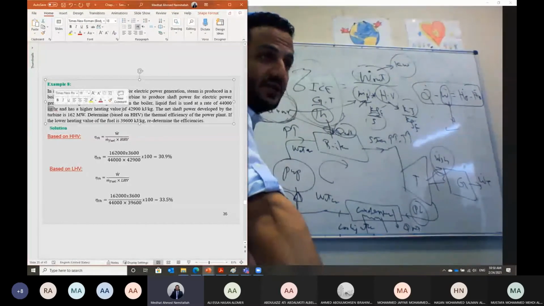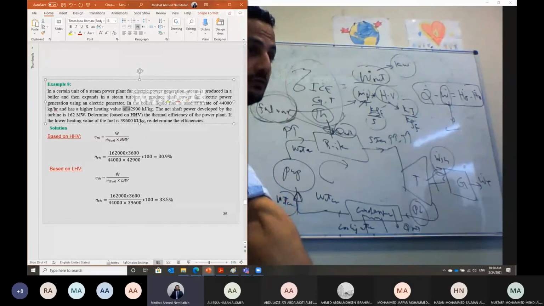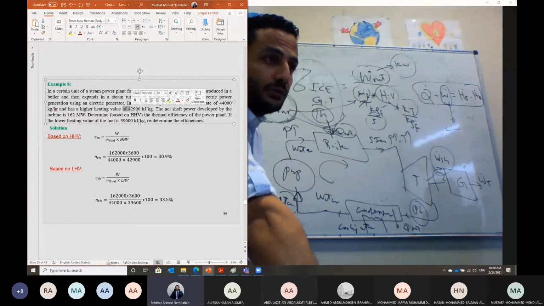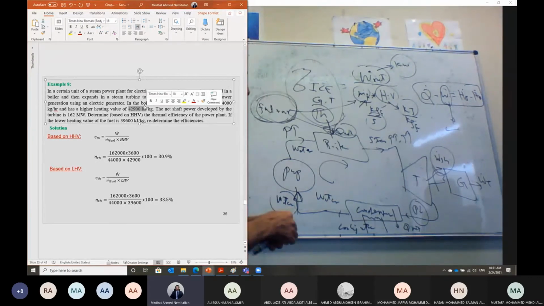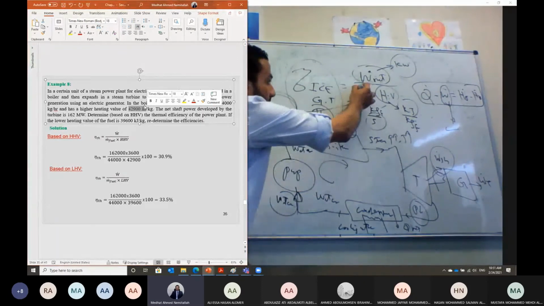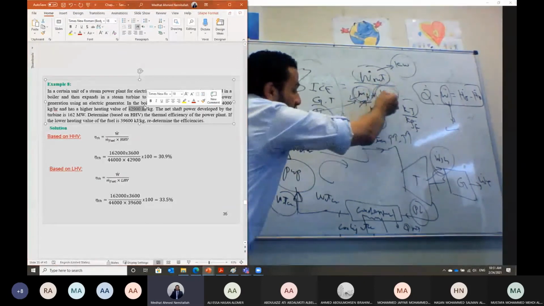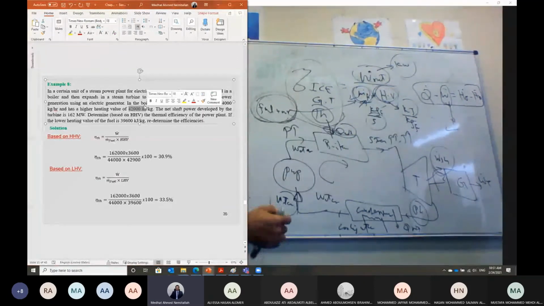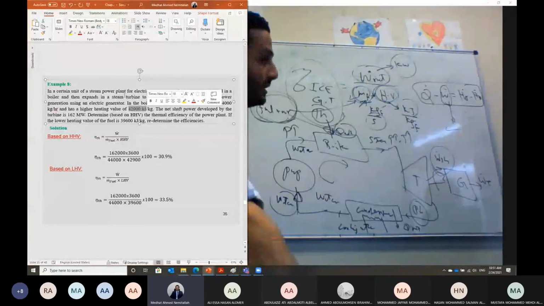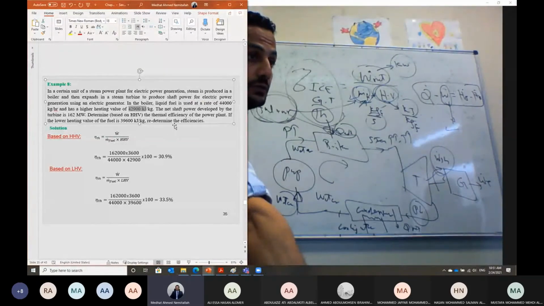The fuel has a higher heating value of 42 megajoule per kilogram, exactly 42,900 kilojoule per kilogram. So we have the mass flow rate of fuel, and we have the heating value of fuel. The mass flow rate is given as 44,000 kilogram per hour, and the heating value of the fuel is equal to 42,900 kilojoule per kilogram.